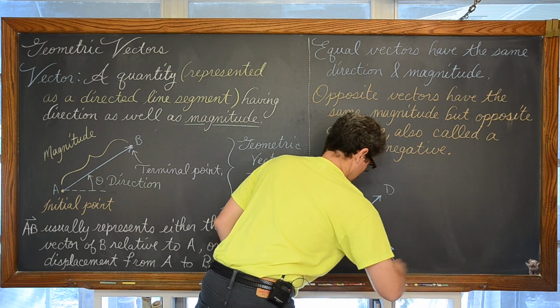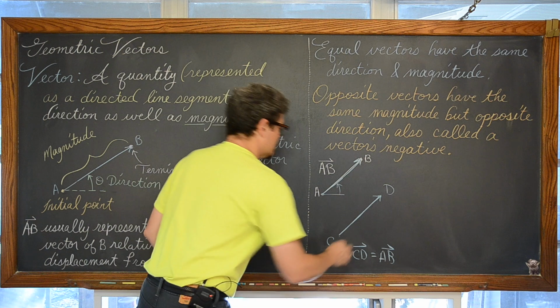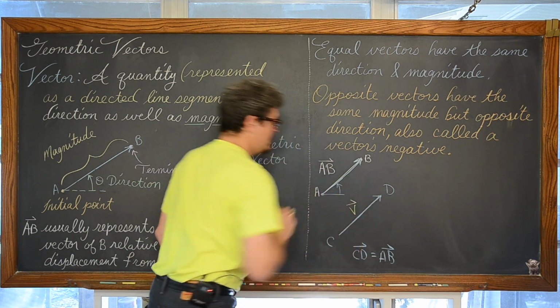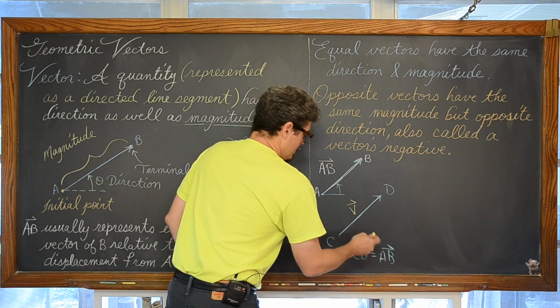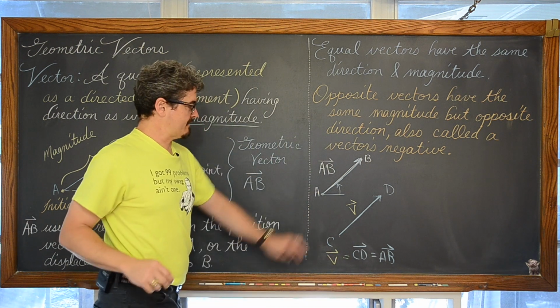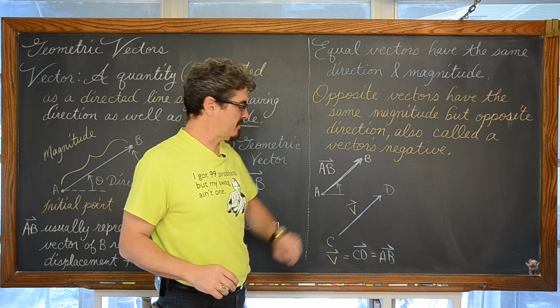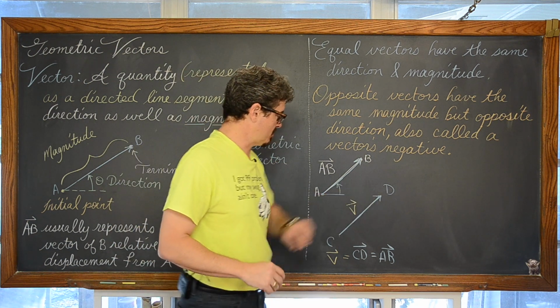Or we can label that vector with just a simple letter. We can say this is vector V. So vector CD, or maybe we want to call it vector V. You'd have to have some kind of single letter label somewhere in the middle of that vector between the initial and terminal point.